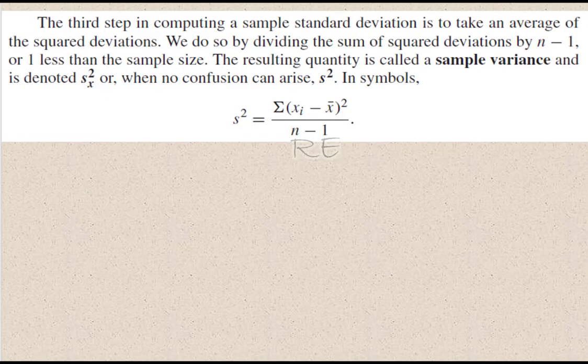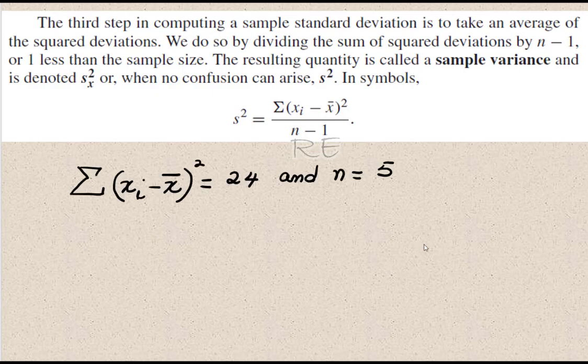Now, we need the average of that total, and it's going to be the total divided by n minus 1 because of the degrees of freedom. So the average is called the sample variance. The sample variance will be 24 divided by 5 minus 1.